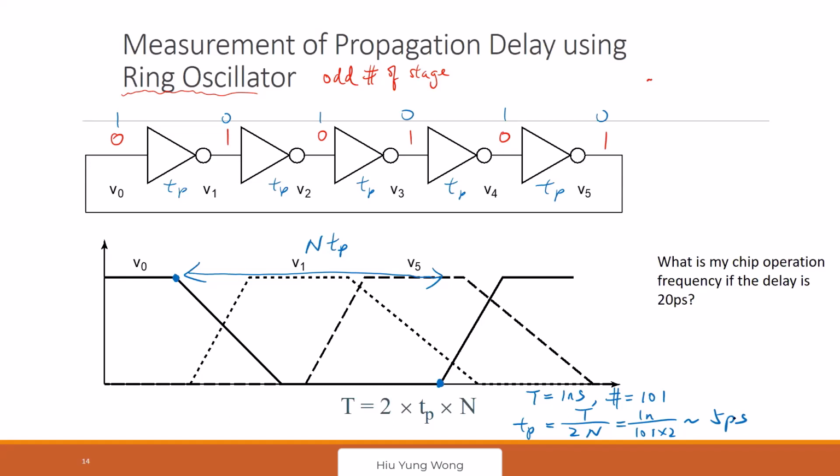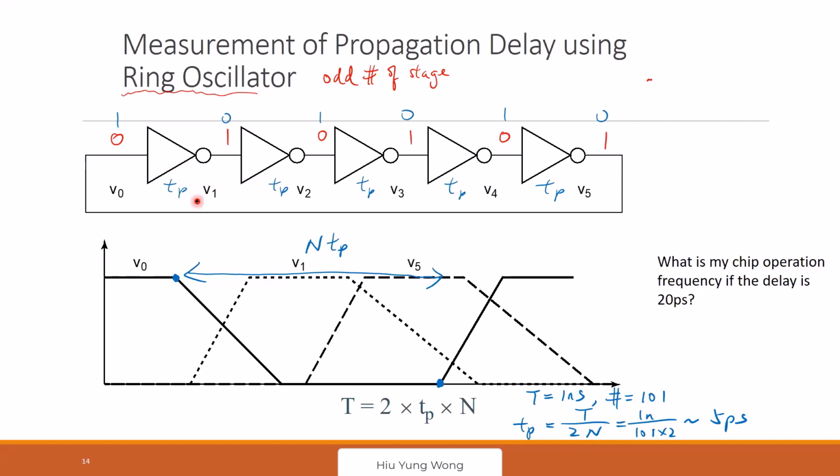Is this okay? Right. So the main point is that this ring oscillator is just like a frequency divider. And by the way, people also use a frequency divider to do this measurement. No, but this is not a good thing. No, I should not say that, because our goal is to find the delay of an inverter, right?